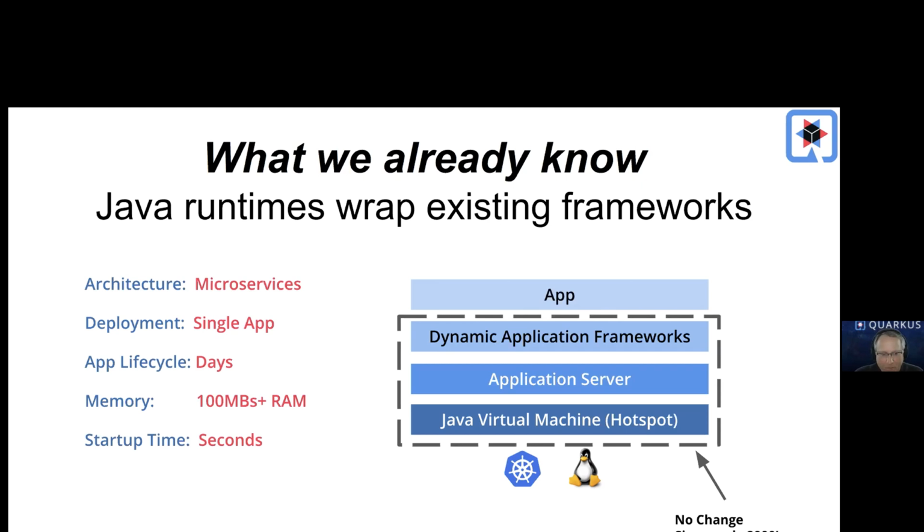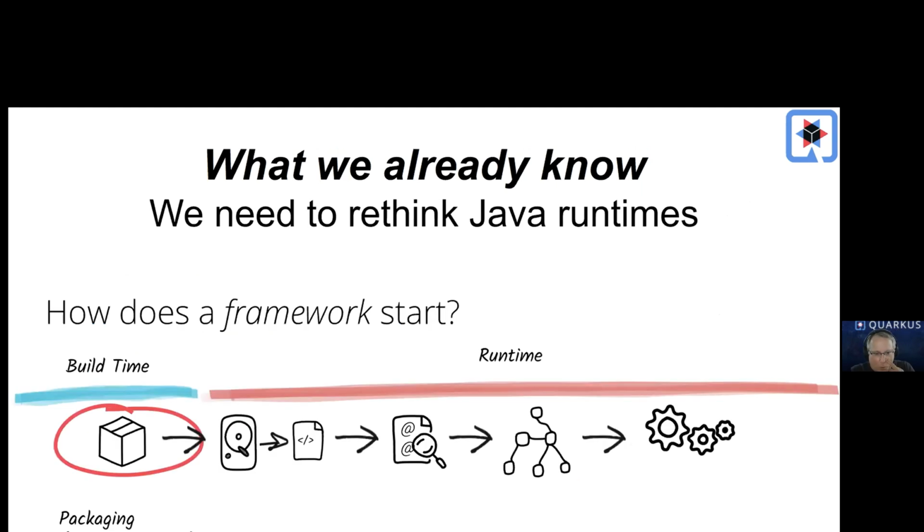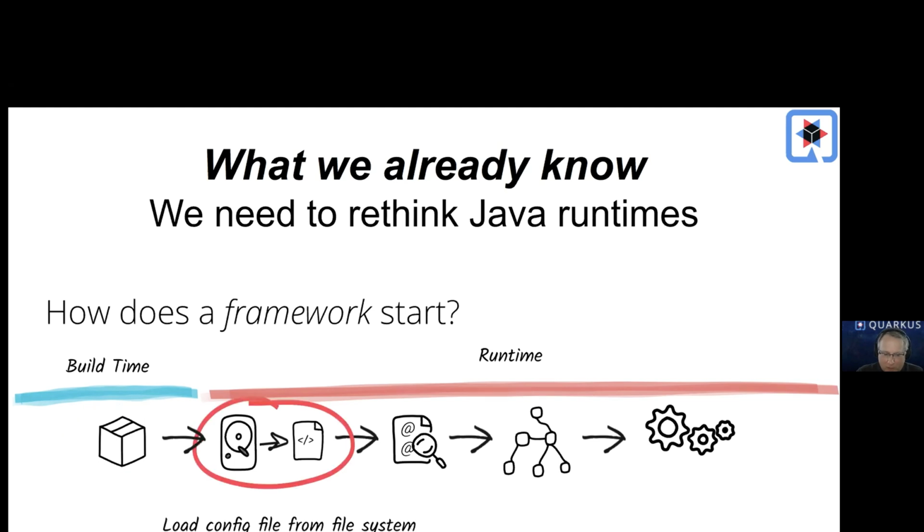So what do most Java frameworks in single app stacks do today? You build your app, now you have a jar file. You boot the jar file, and what happens during the boot process? It has to go look through its various configuration sources, load the properties, and then begin to configure how it boots everything else.